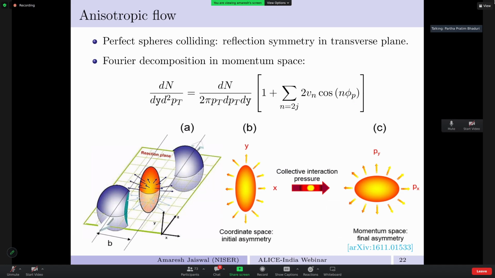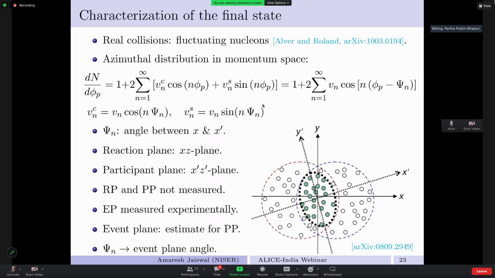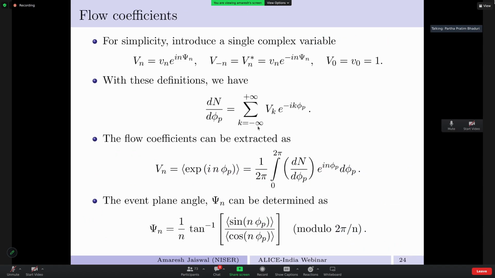What we do in experiments, as you correctly say, is that Vn is nothing but the average of cos of n times (phi minus psi n) over this distribution. This average we take first for all particles in an event, and then an average over many events. But this phi is a particle phi, so they are indeed coming out in all directions.